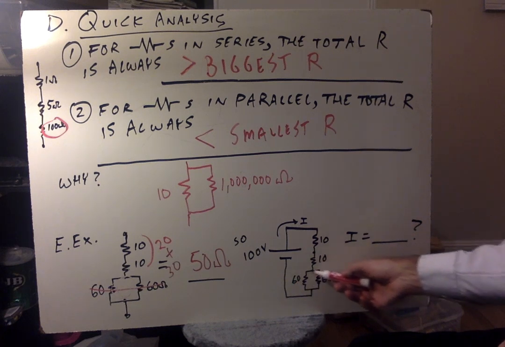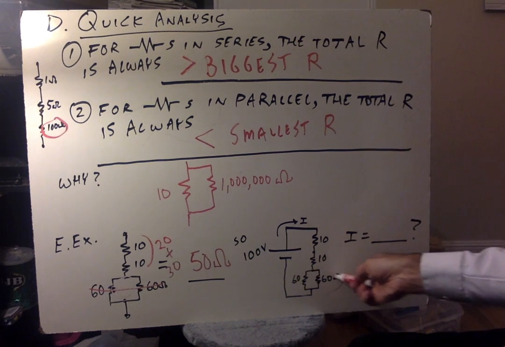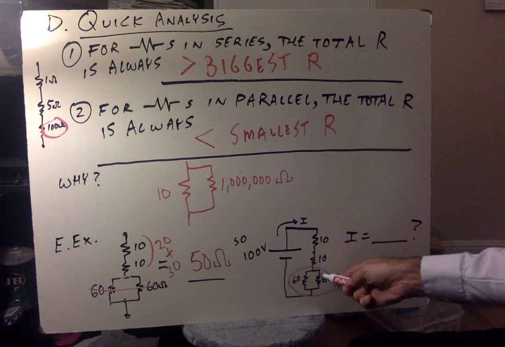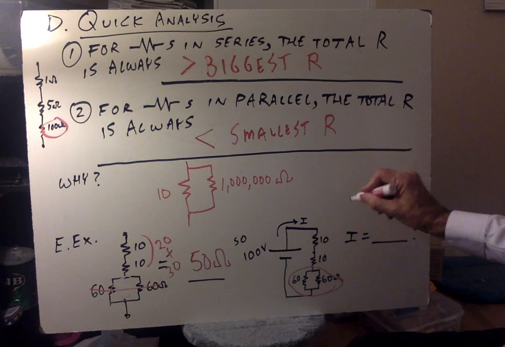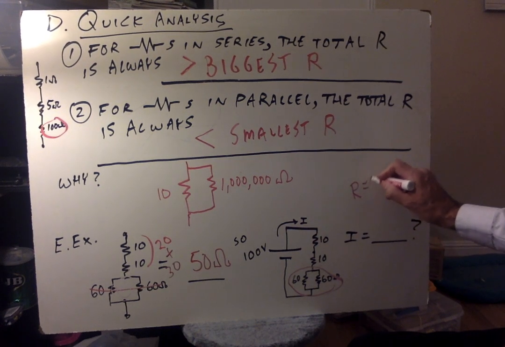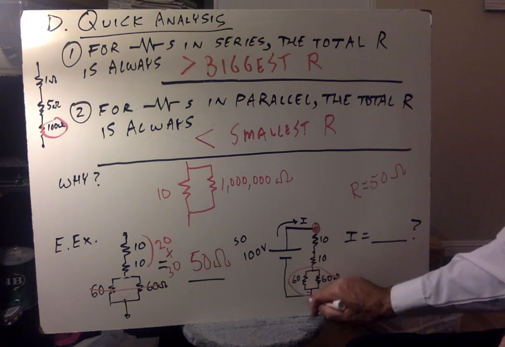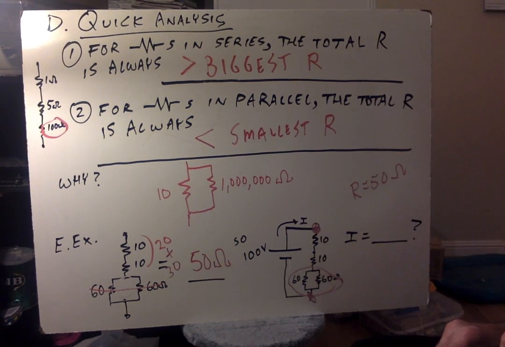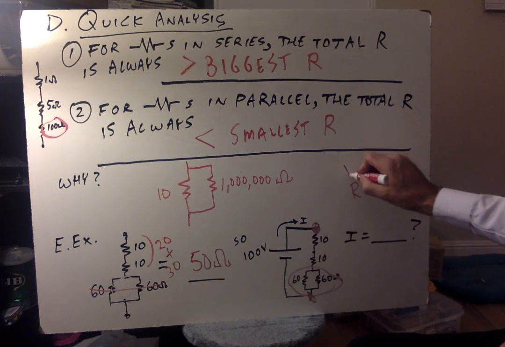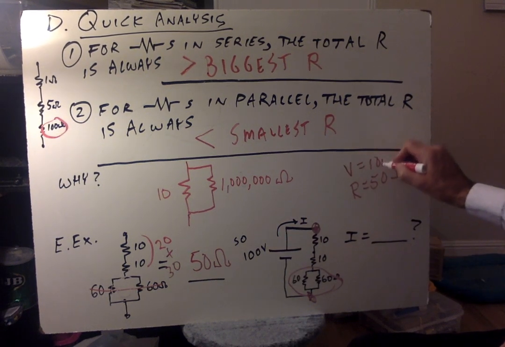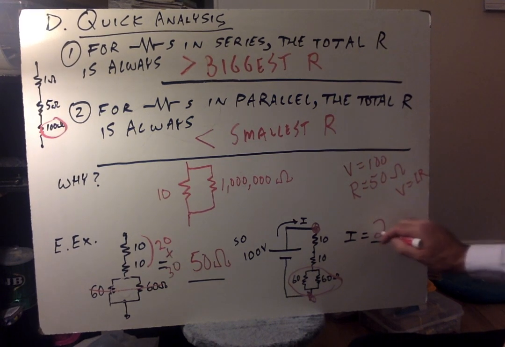This 60 and this 60 is like a 30, right? That's what we already did. That 30 plus a 10 and a 10 in parallel is 50. So the total resistance here is 50 ohms. Between here and here, it's like you have a resistance of 50. You connect that up to a voltage of 100, and now you just use V equals IR, what's called Ohm's law, and you'll get that the current is 2 amps.